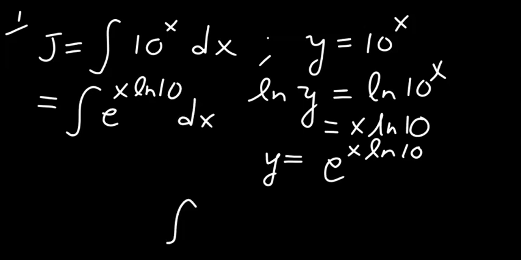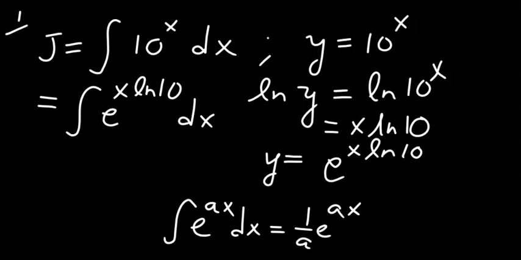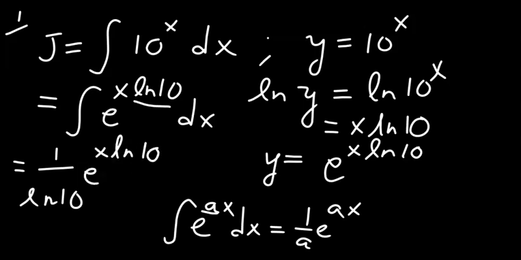So remember, this is like integrating e to the power constant times x dx, which is 1 over a e to the power ax. So the above integral is just 1 over natural log of 10, because that is the constant a in this integral, times e to the power x natural log of 10.